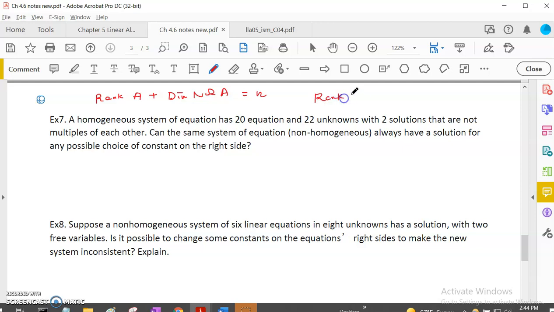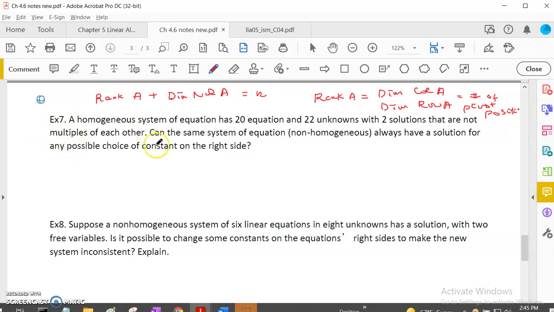In a nutshell, rank A is the dimension of column A. It's also the dimension of row A, because both depend on the number of pivot positions. Column A counts the pivot columns, row A counts the pivot rows, but it's actually the number of pivot positions. So let's look at how we can use this fact to analyze other systems.